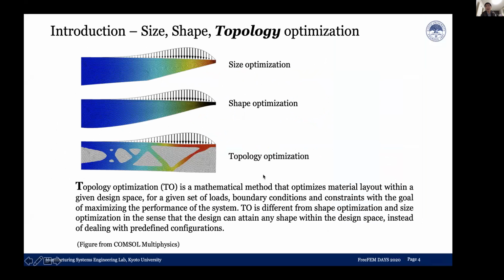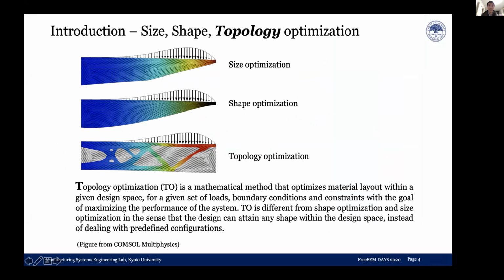So here I'd like to introduce the basic concept of structural topology optimization. Structural optimization methods have been developed for several decades, and can be classified into three major categories: size, shape, and topology optimization.